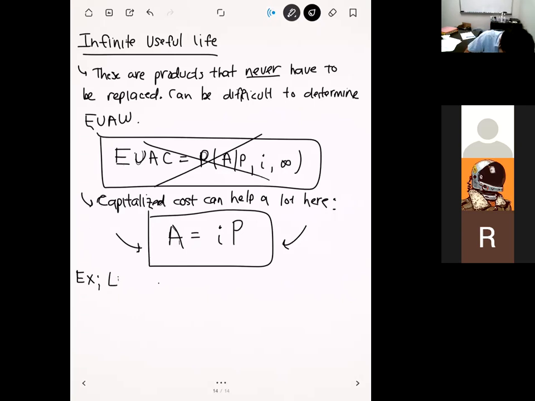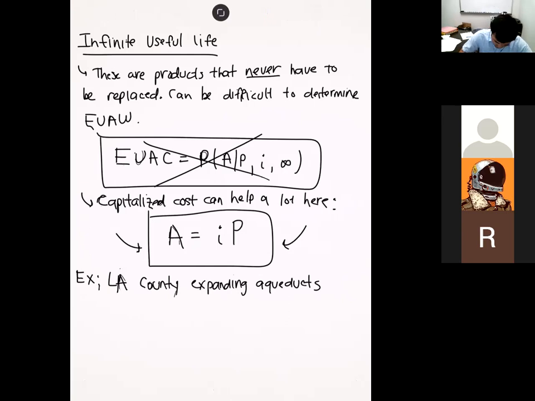There are two options they're considering. One option is for them to build a tunnel through the mountains.